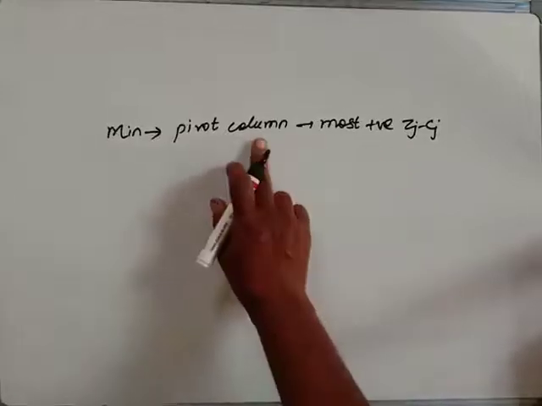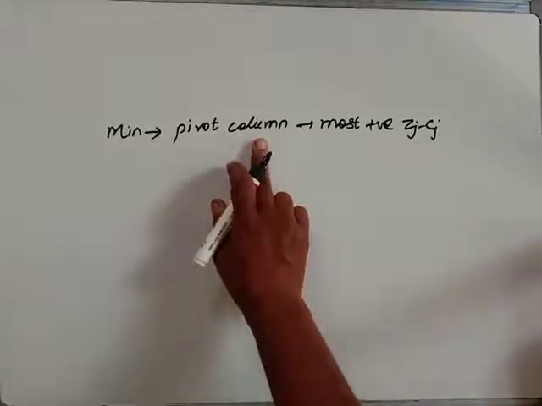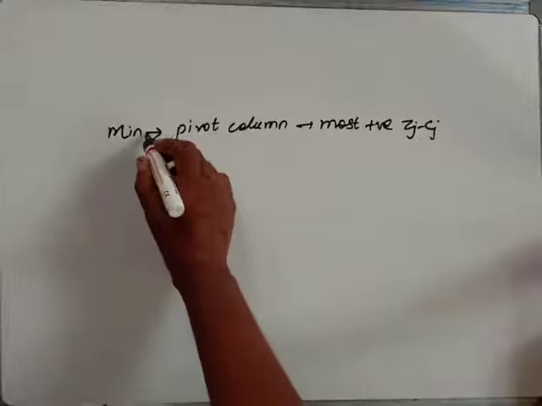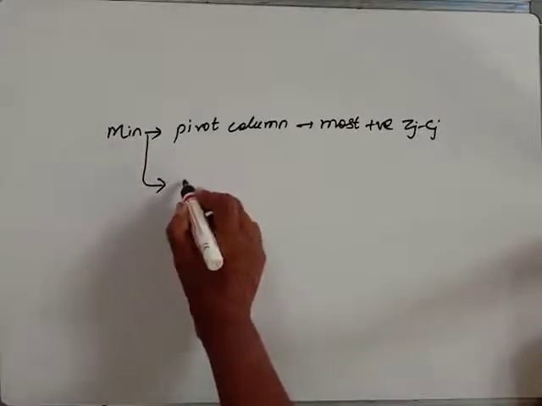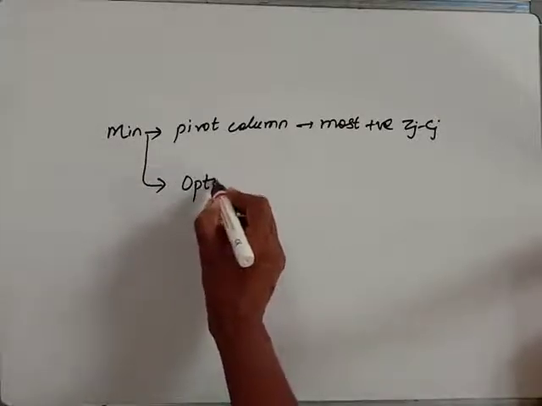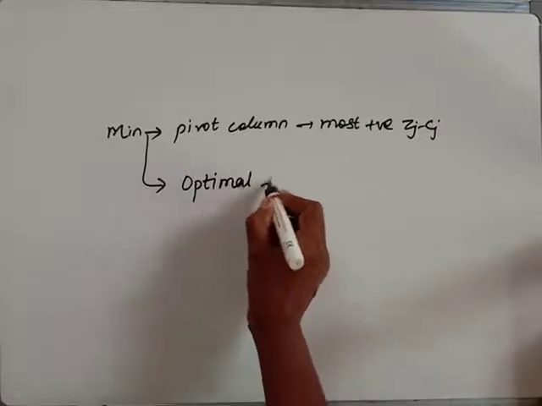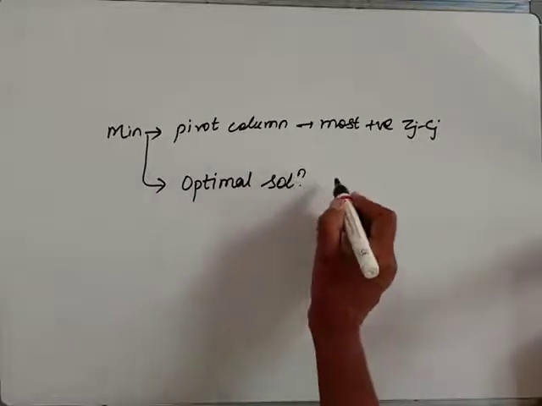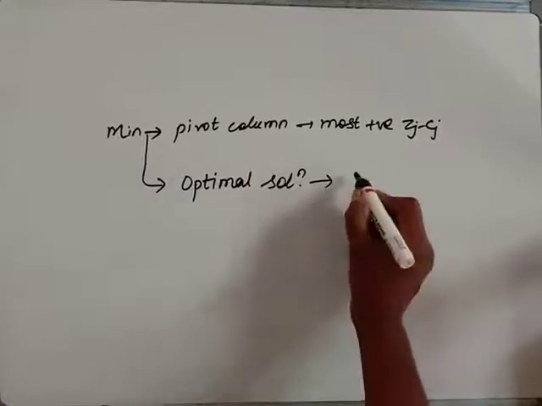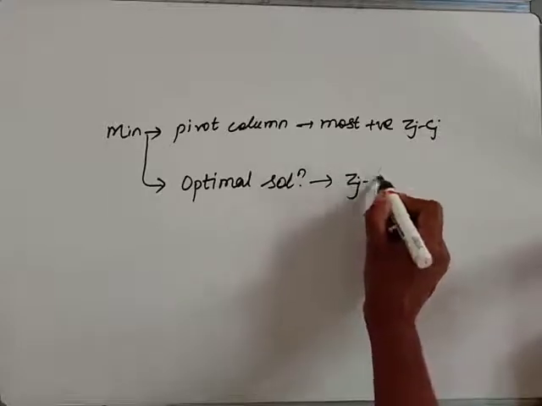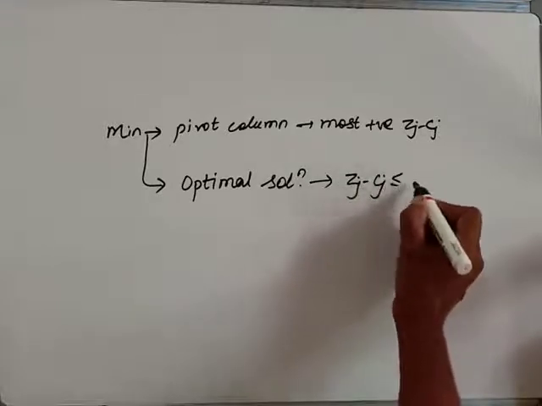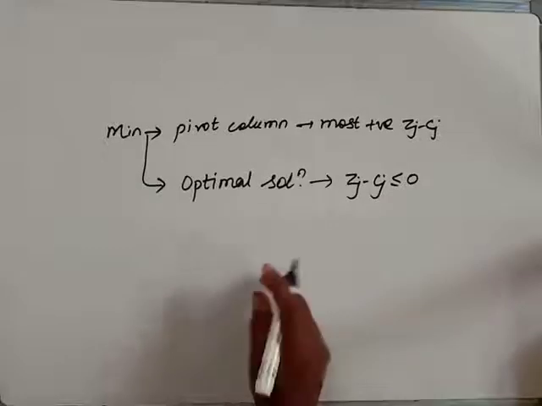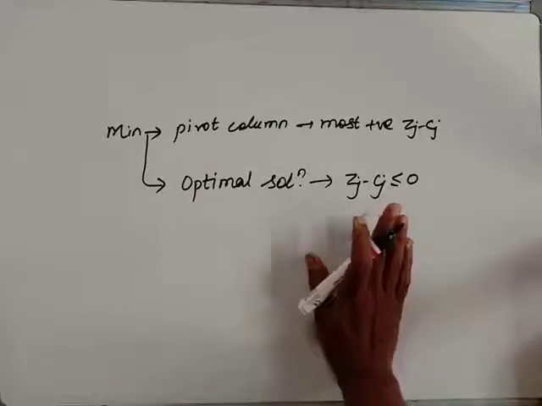For the optimal solution, what is required? All Zj minus Cj should be less than or equal to 0. If this holds, then we say the current solution is optimal.